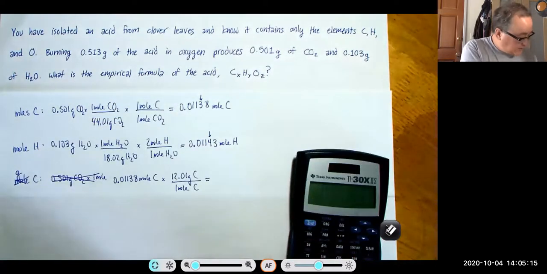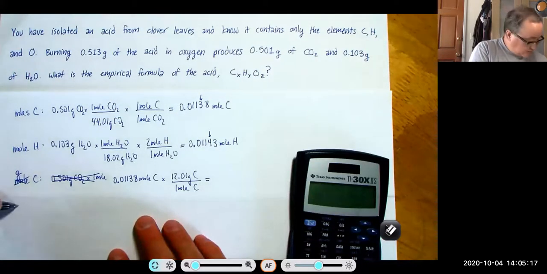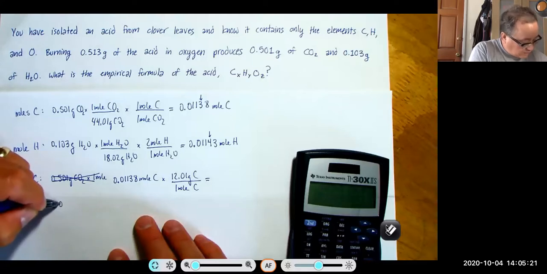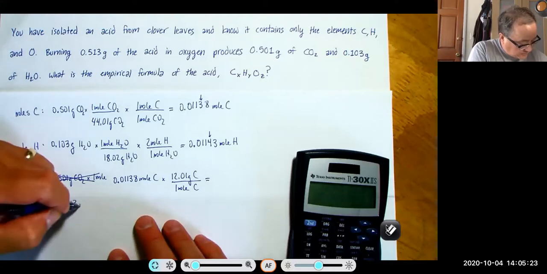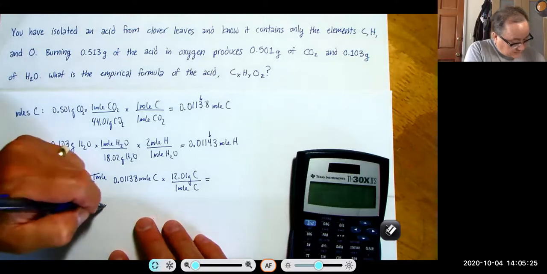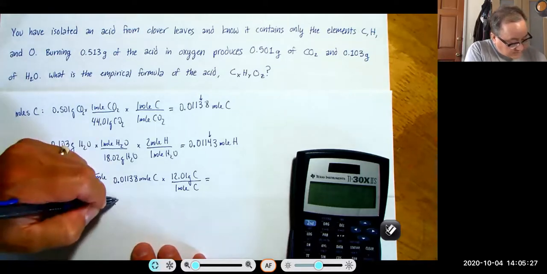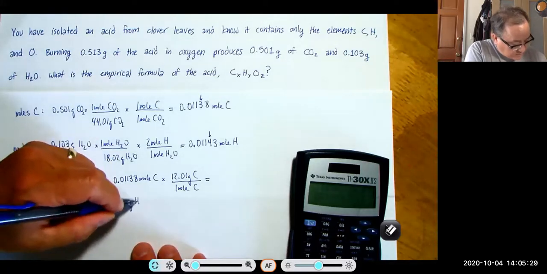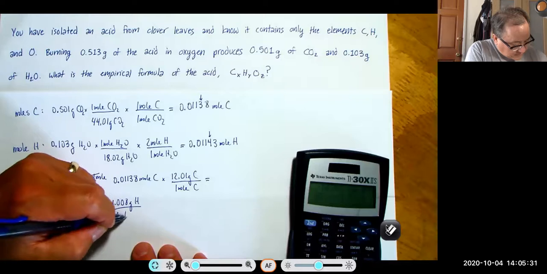Okay, and I'll do the same for the grams of hydrogen. I'll take the 0.01143 mole of hydrogen times 1.008 grams of hydrogen to 1 mole of hydrogen.